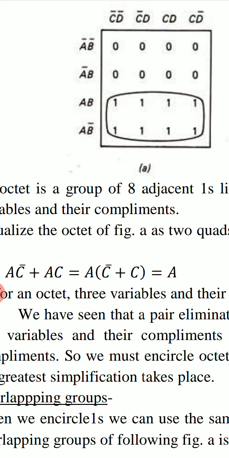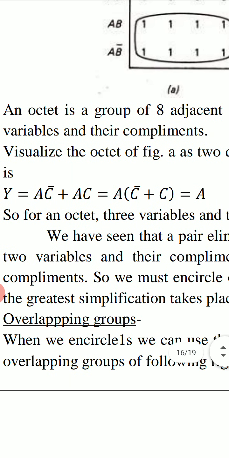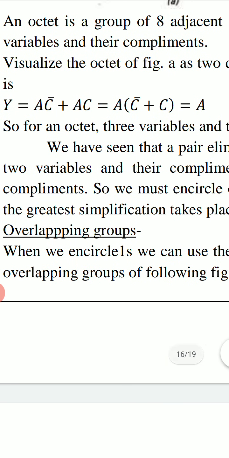So by looking at this Karnaugh map, we can write directly output y equal to A. If we have an octet, we have only 1 bit in the expression for output y. If we have a quad, we have 2 bits. If we have a pair, we have 3 bits. In this way, simplified logical expressions are obtained, from which we can construct simplified logic circuits.